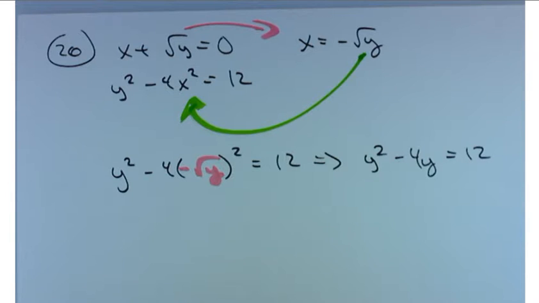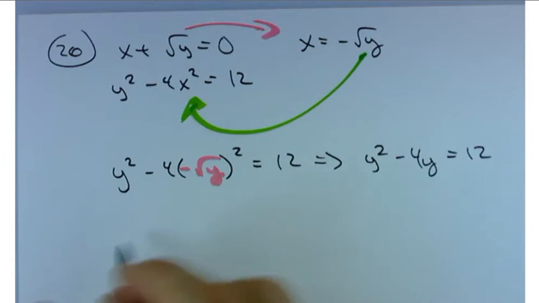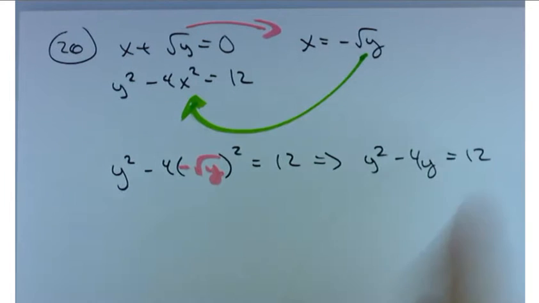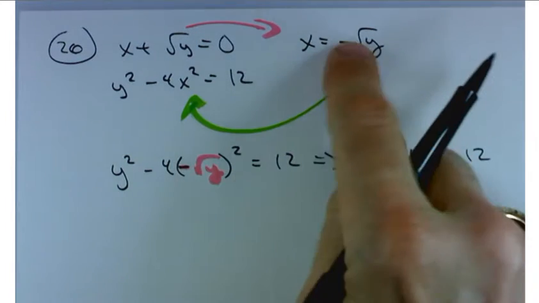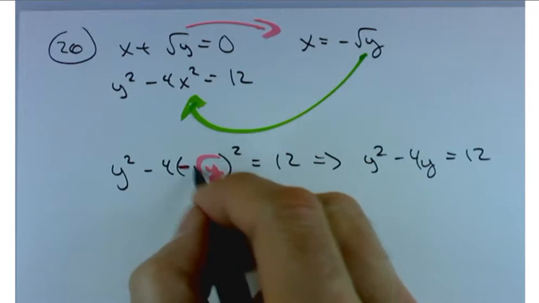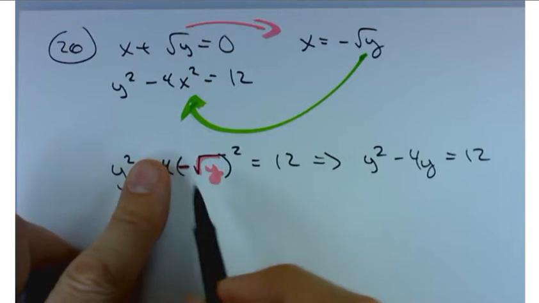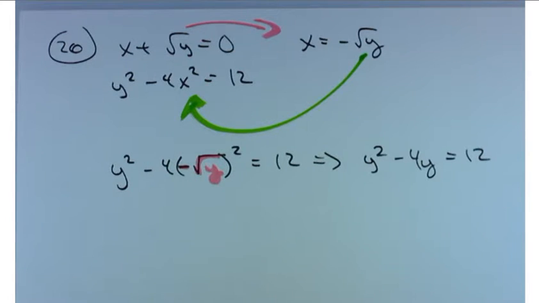Well, this isn't so bad. At least that's an equation we can solve. How would you solve this quadratic equation? Yeah, that came from this negative here. Well, when you square that, keep in mind that you're going to multiply it by itself.